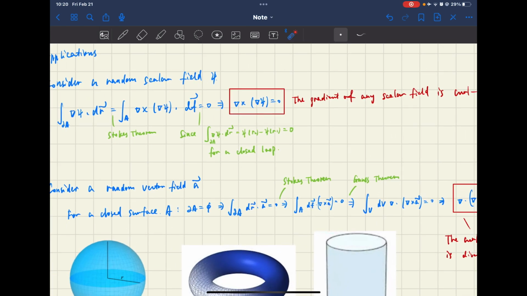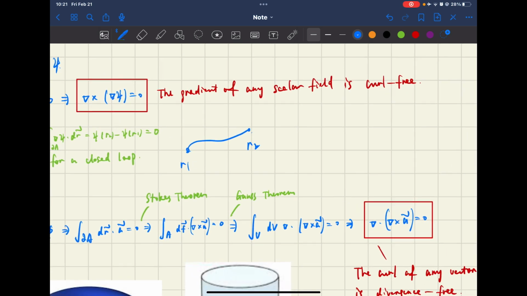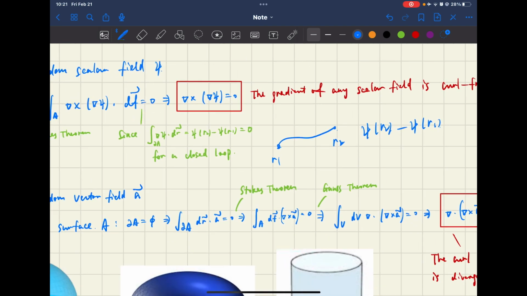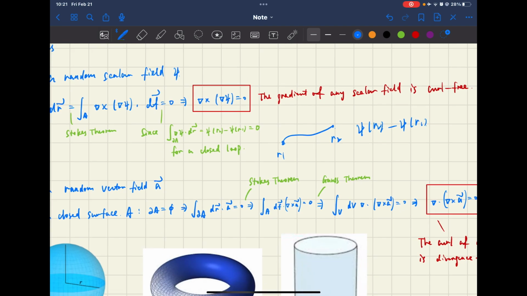First, if we want to integrate the gradient of the scalar field along the boundary of an area, we can find that it's zero, because given its definition, if we have a scalar field over a path, and this is R1, this is R2, this integration will simply obtain the scalar value at R2 minus the scalar value at R1, because the gradient is like a derivative, and by integrating it, we just turn it backwards.